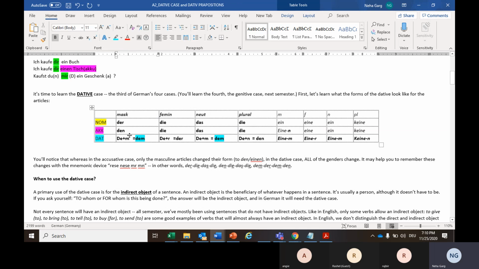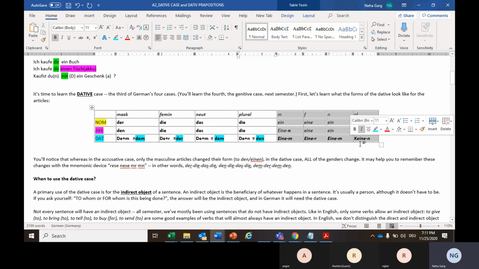Masculine and neutral are changing to dem. Feminine die changes to der. And then plural changes to den. So dem, der, and den. Masculine, neutral, feminine, and plural.